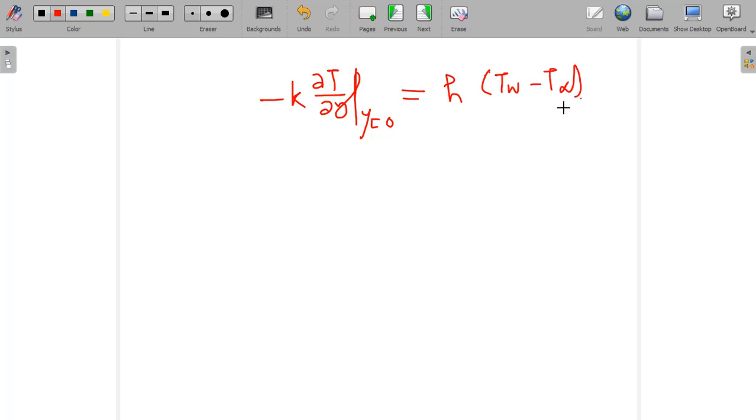that is H into T wall minus T infinity. That we know already, we have seen, because of the no slip boundary condition, pure conduction will take place through that layer of fluid which is in contact.